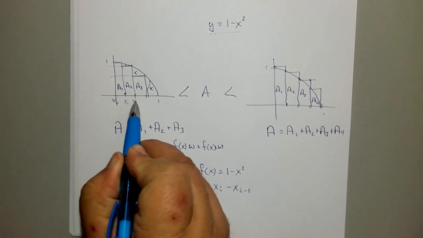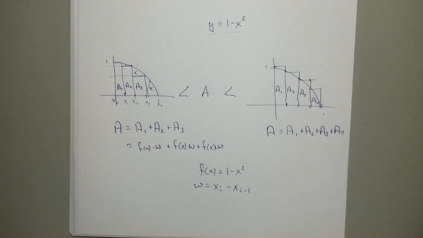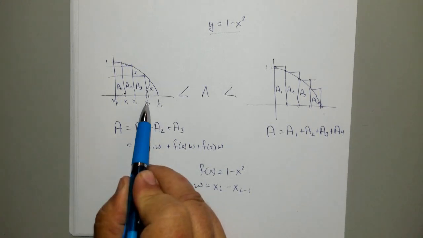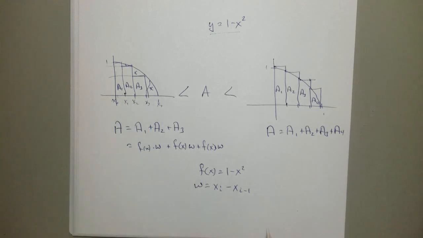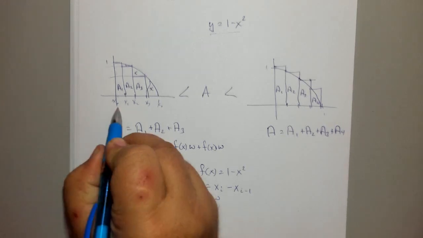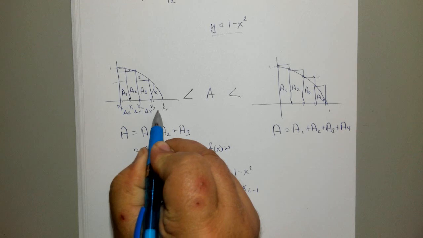This is x sub 0, x sub 1, x sub 2, x sub 3, and this is x sub 4. The width is x sub 3 minus x sub 2. X sub 2 minus x sub 1, those should all be the same. So we call that delta x. So the delta x for all of these should be the same.